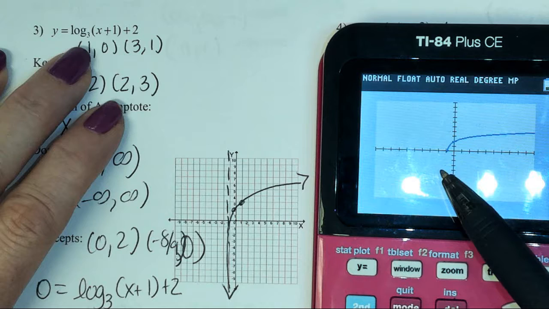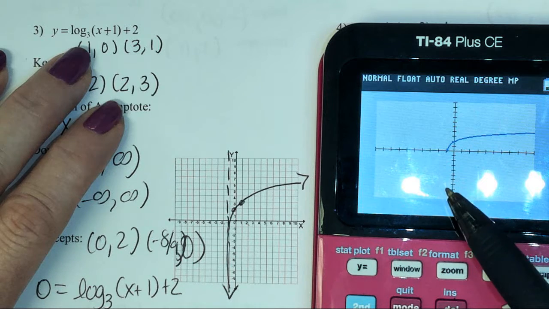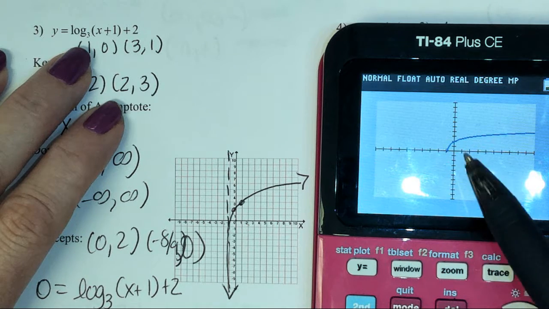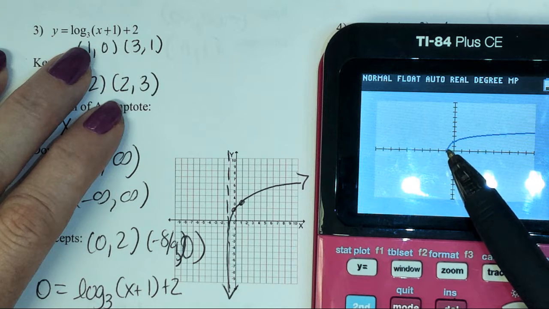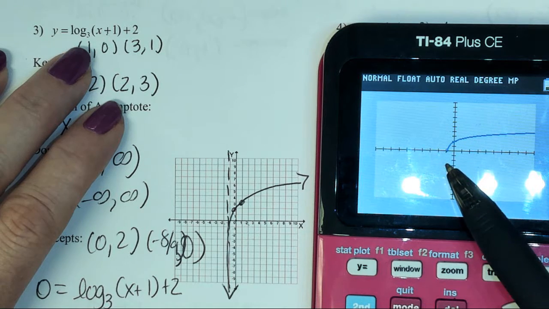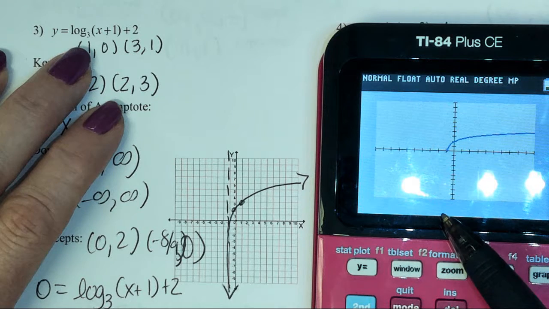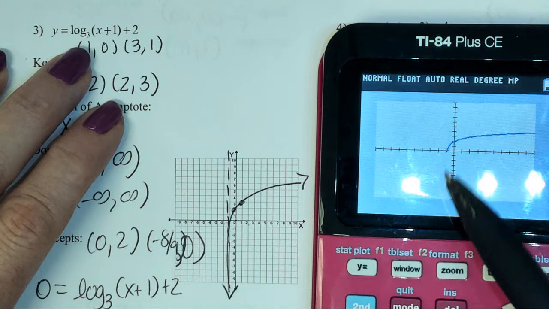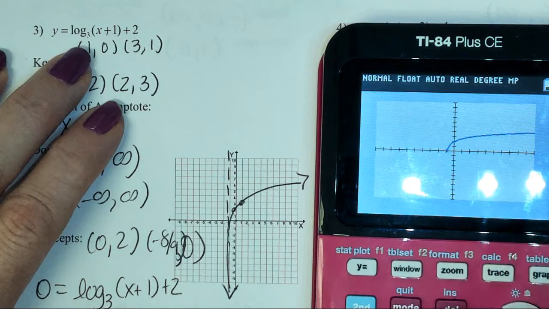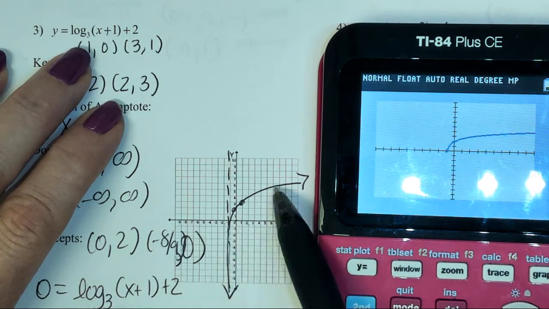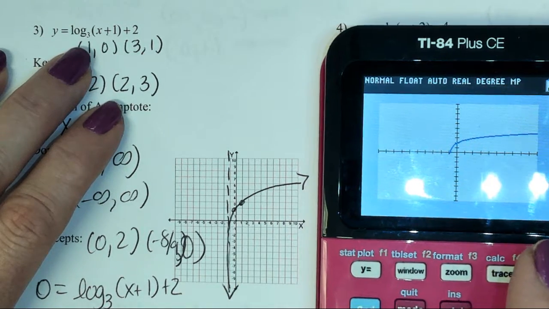Why? You have to know that this extends down, right? The calculators are not as smart as they should be. What happens is they're getting so close to -1 that they think they're graphing a vertical line and they can't graph a non-function. So that's what happens there. But I can see that this is still kind of my general shape there.